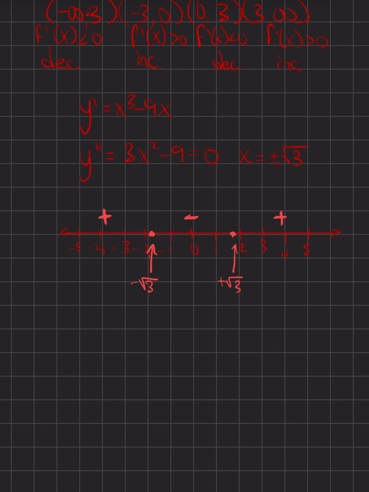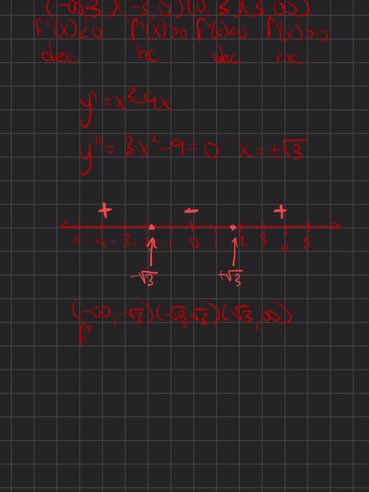Right? So now we need to get the interval of what's going on at this function. So from negative infinity to negative root 3, and then negative root 3 to root 3, then root 3 to infinity, right? And so what we can say here is the second derivative of f of x is going to be greater than 0.